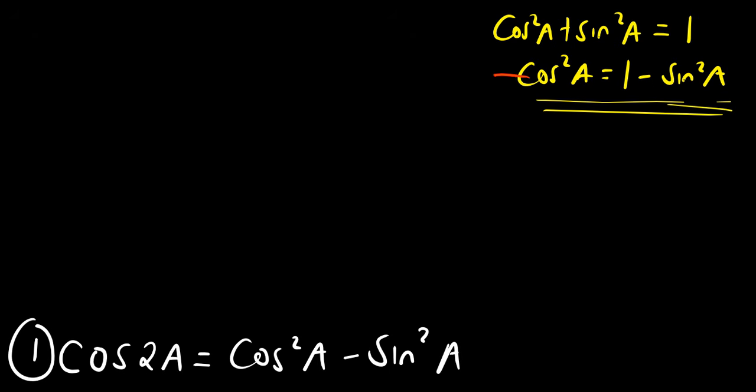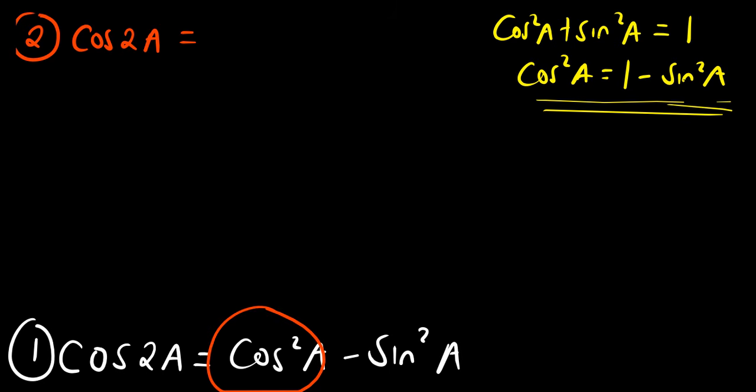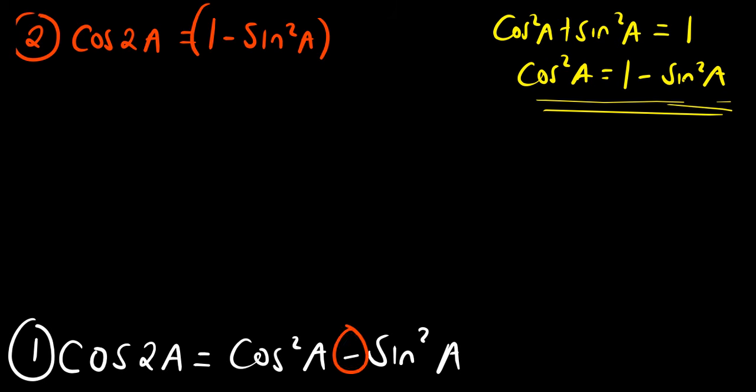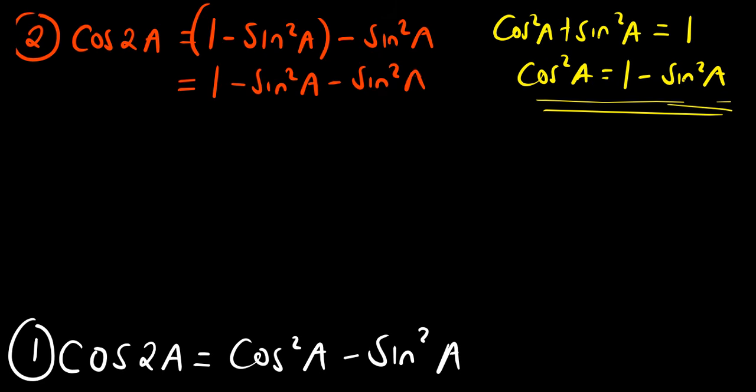Allow me to replace this cos squared, and when I replace it there, I see what I have. Let's call this number 2. So cos 2A is equal to, when we replace this with that, 1 minus sin squared A, then there is a minus, so I write minus sin squared A. I'm just going to have 1 minus sin squared A minus sin squared A. Mind you, this is not multiplying with this.